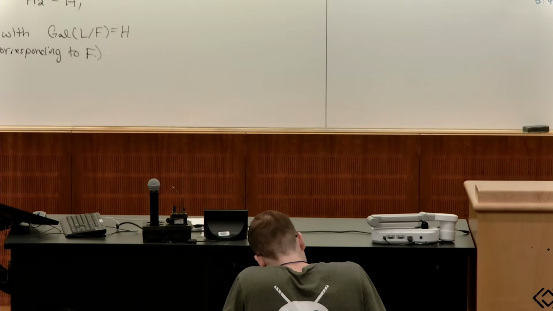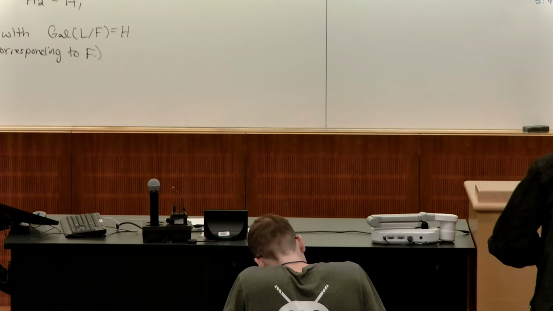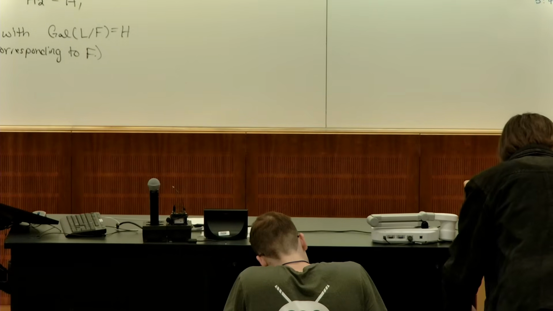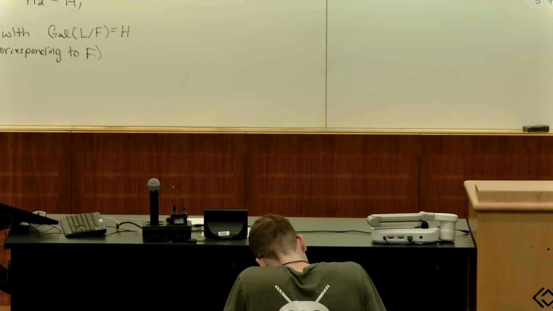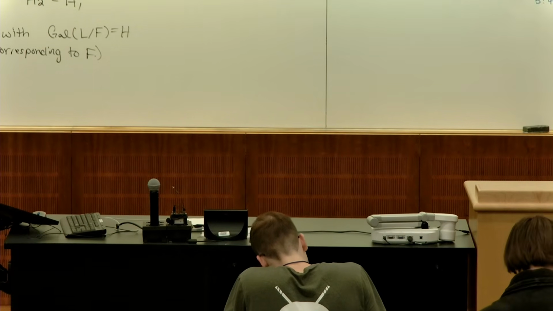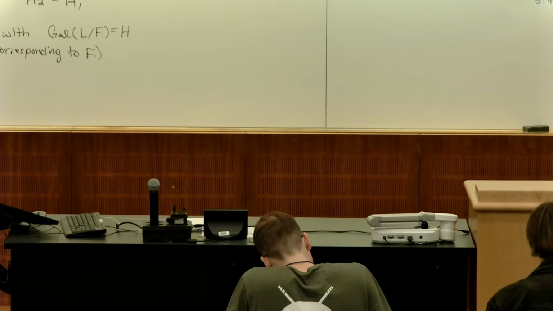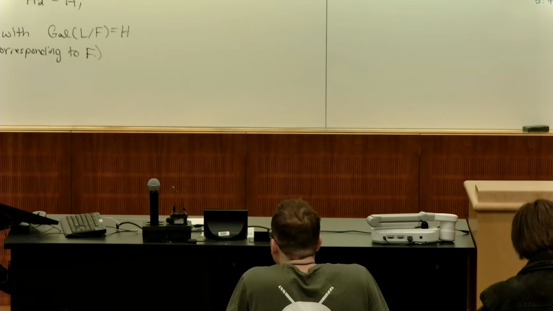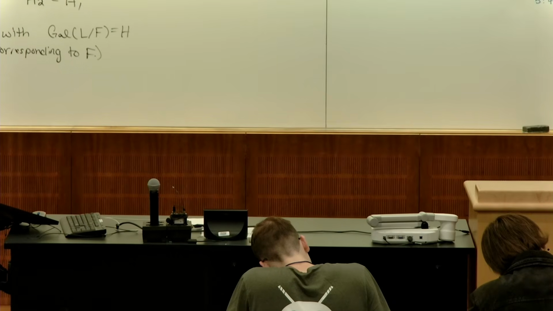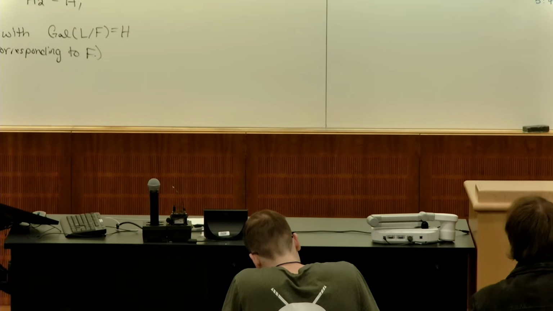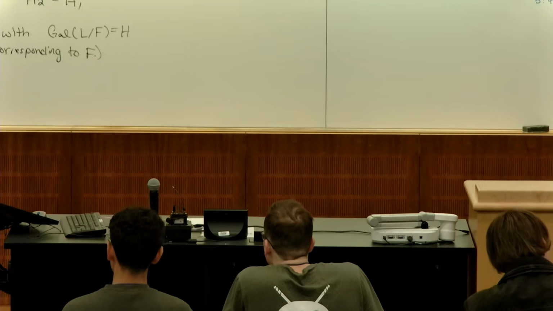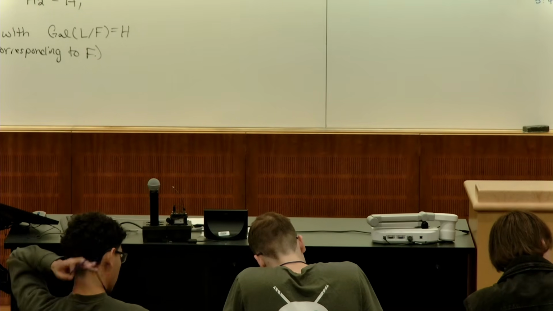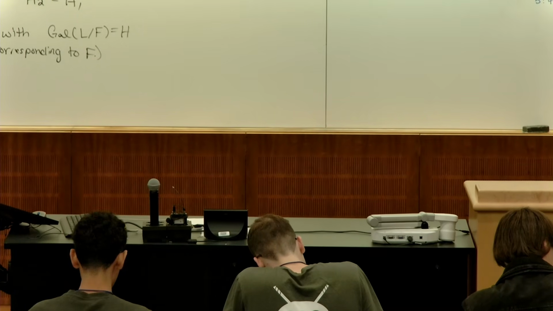And here's where we start to get even more information about the field extensions based on knowing things about the subgroups involved. So for one, this just comes from the previous fact that I wrote down. The degree of this extension is exactly the size of the Galois group of the extension because we're dealing with a Galois extension. That is the group H, and so this degree matches this order.